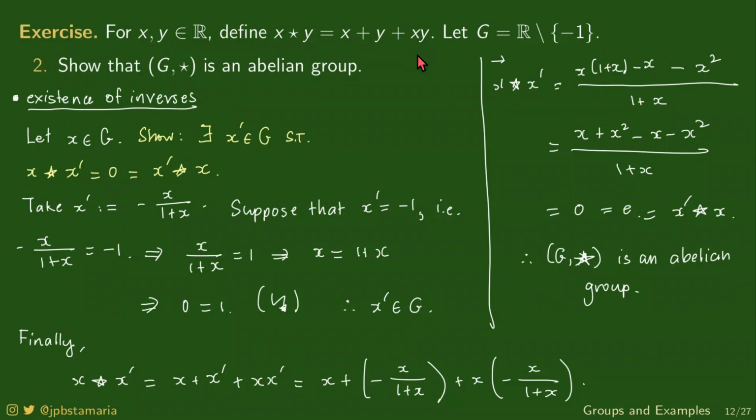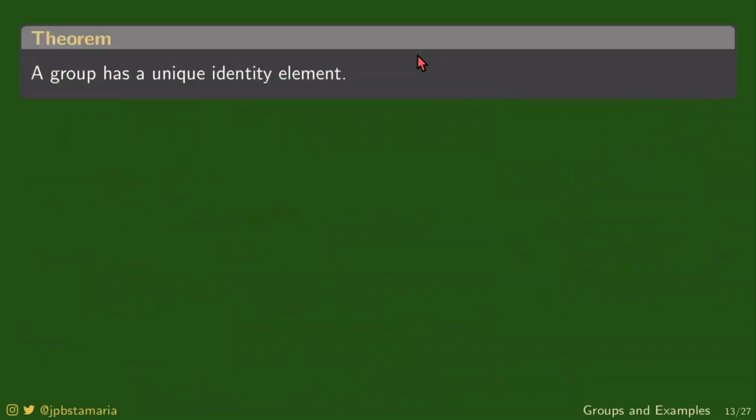Those are the things that we are going to talk about in the next few slides. The first property is what? The uniqueness of the identity element. This theorem or this result guarantees that in any group, you cannot have more than one identity element.